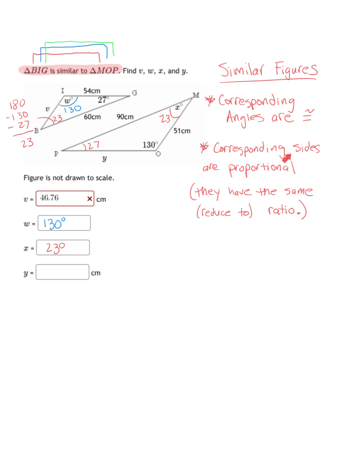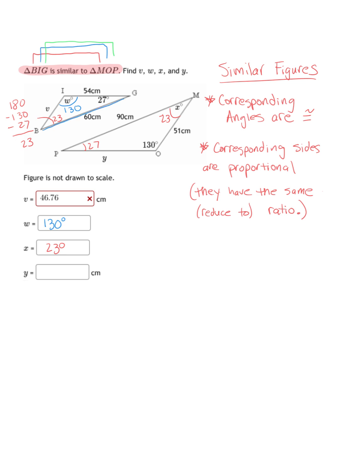Now we're going to talk about corresponding sides. Corresponding sides have the same ratio. So the first thing we have to do is find a pair of corresponding sides that are both given. So I'm going to go up here and I'm going to focus on either 60 or 54. I'm just going to start with 60. All right, so I'm going to highlight that in blue.